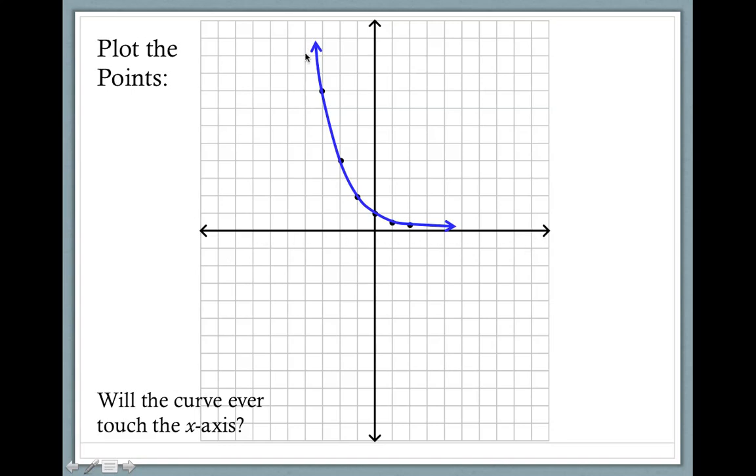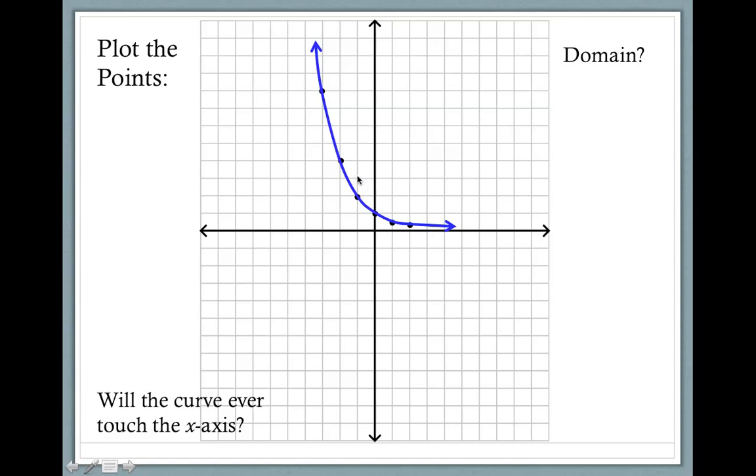We still have a curve that is getting closer and closer to that x-axis, but we're just coming at it from the other direction. So this is exponential decay because the amount that we start with is getting smaller and smaller as x gets bigger. So what then does that give us for domain?